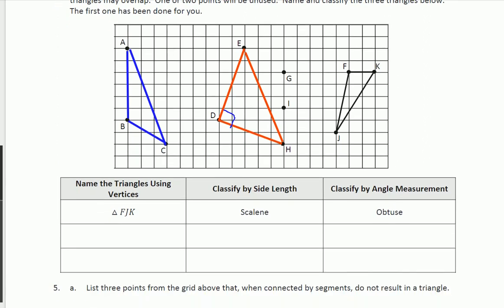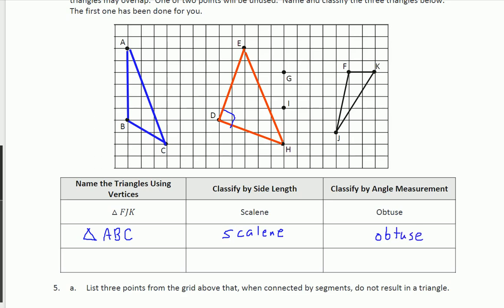And the classification on the first one was done for us. It was a scalene and obtuse. And I've got triangle ABC. And my triangle ABC is scalene and it is obtuse.